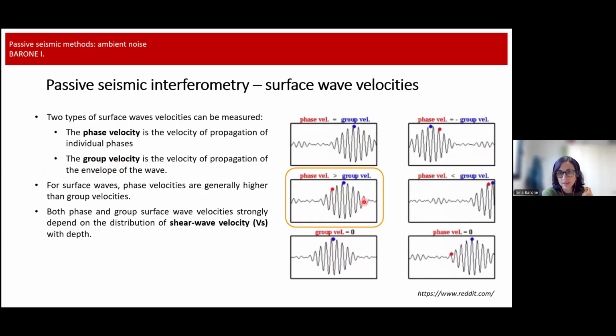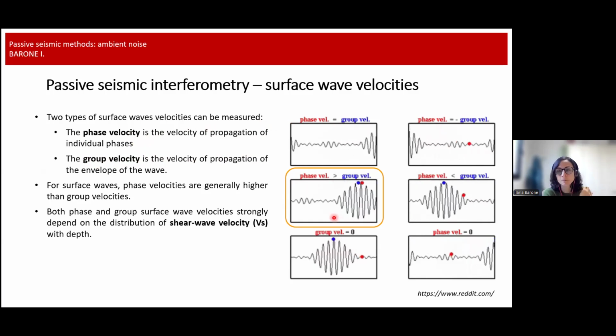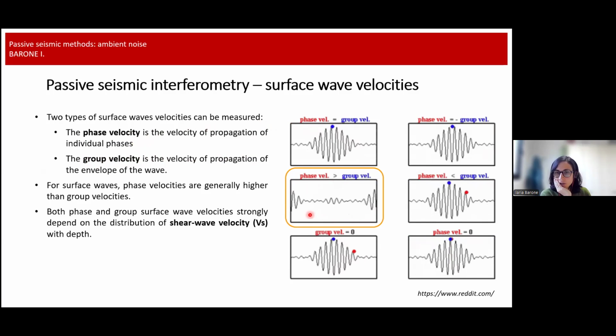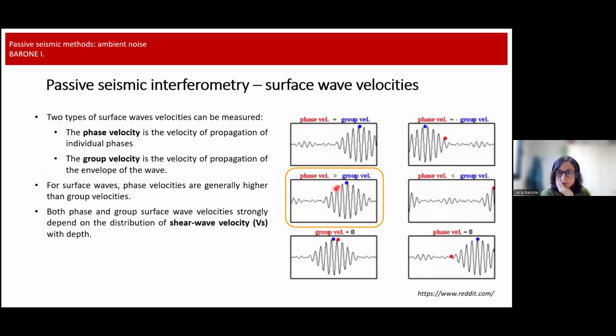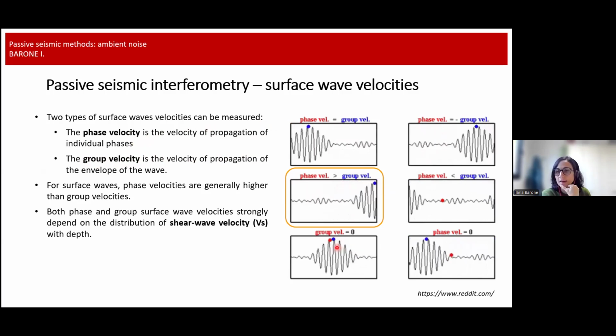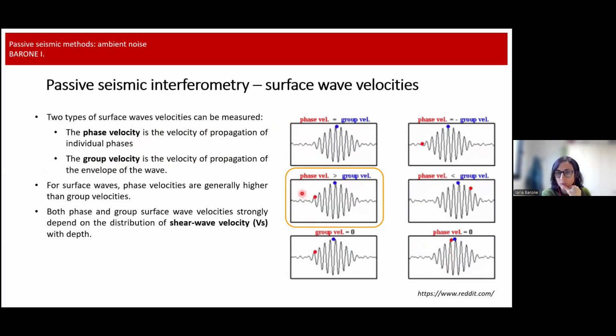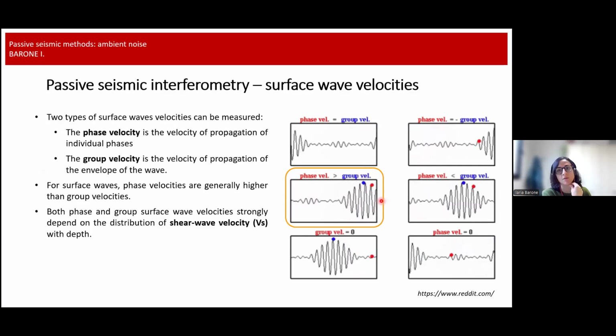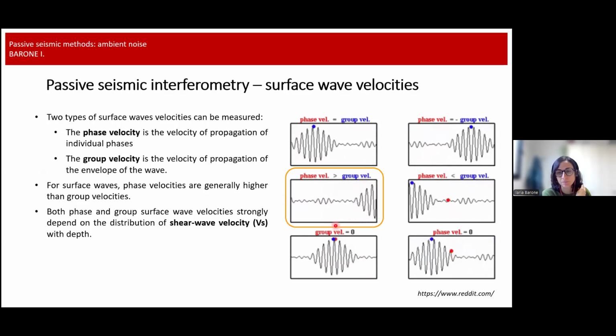So if we look at this animation here, we see that each individual peak has a certain propagation velocity, the one in red, and then the blue point is indicating the center of the envelope of this wave, and this is the group velocity.